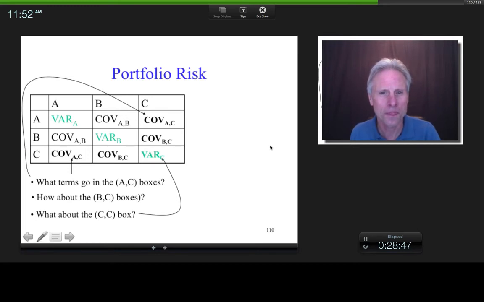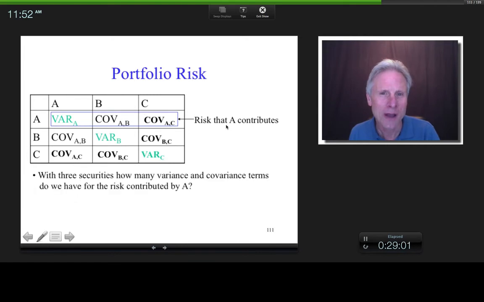So now what could I say is the risk that A contributes? Would it be this row right here? It would, right? So that's the risk that A contributes. So now I have three securities, and if we look at the amount of risk that A contributes, how many variance terms and how many covariance terms do we have? Well, we have one variance term, and then we have these two covariance terms.